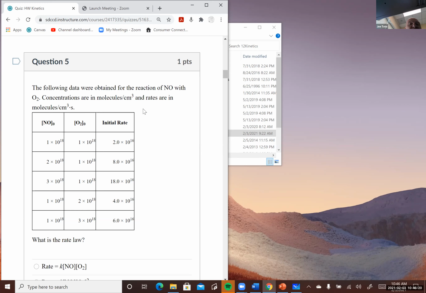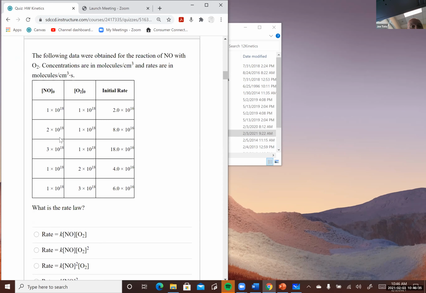They're going back to using molecules instead of molarity, but it's okay if you want to change the units. They tell us how the initial rate changes with concentrations of the 2 reactants. We know the form of this rate law. It's going to look like this one down here, where x and y are not determined.